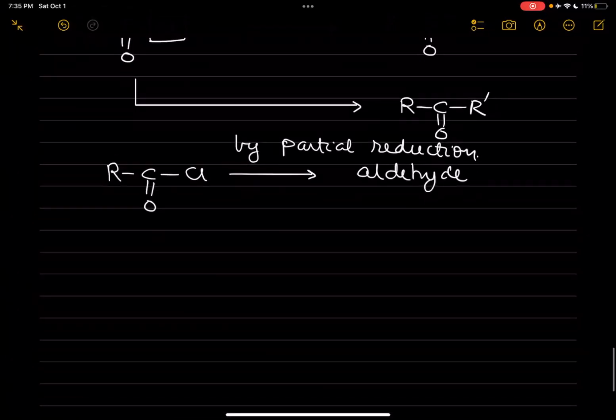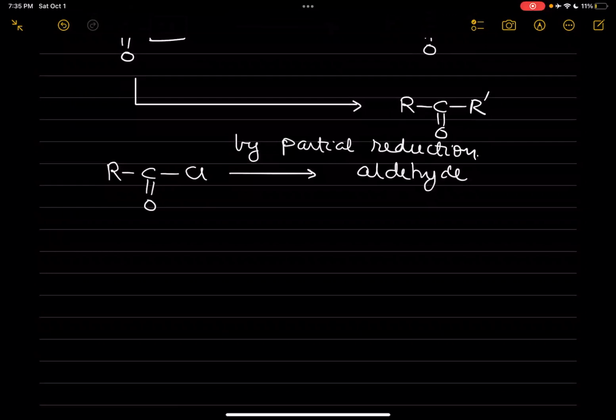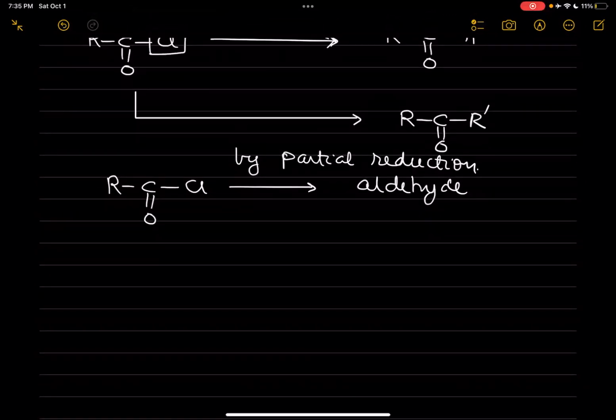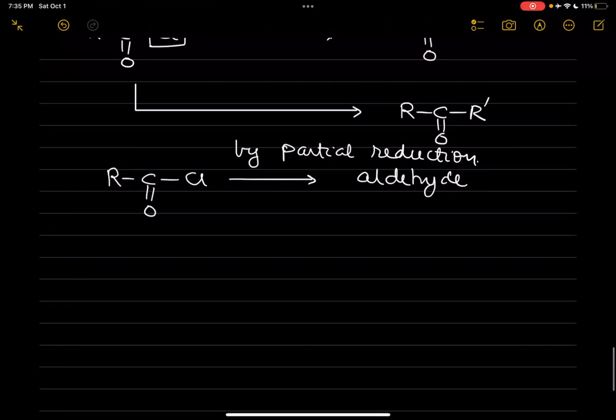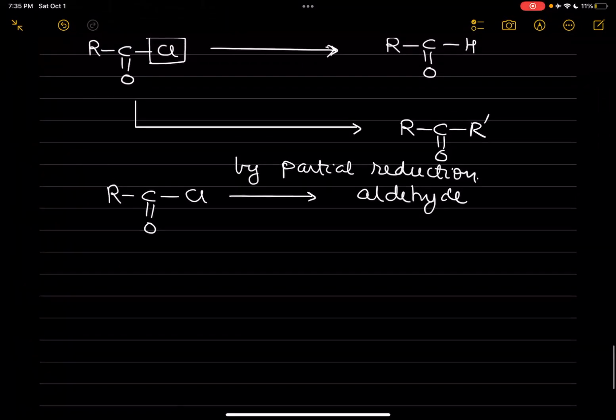PCC and PDC? No, those are oxidizing agents. Partial reduction means you are going to put H. Just one H you need. H2O? No, that is hydrolysis. Just one H you are going to use for partial reduction.